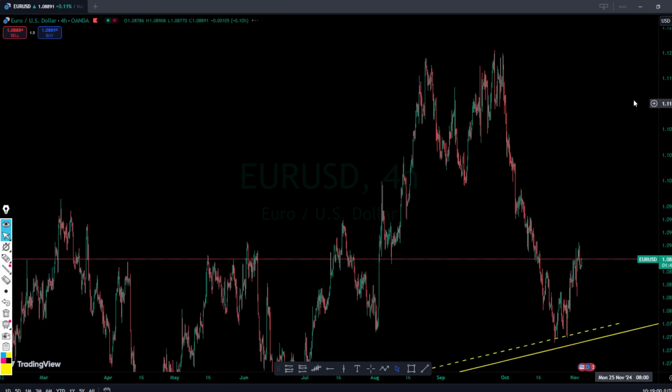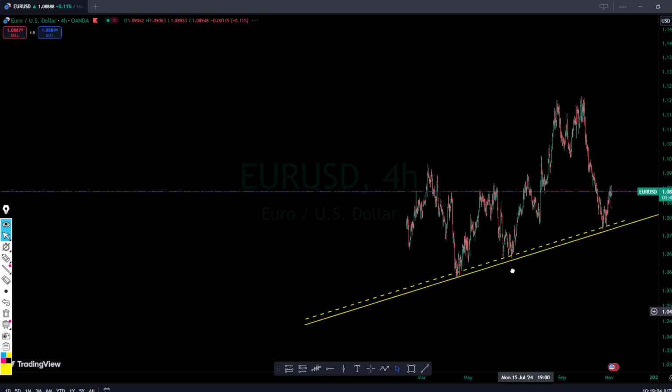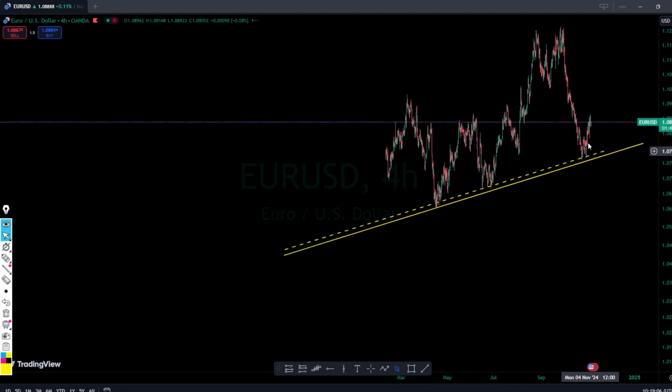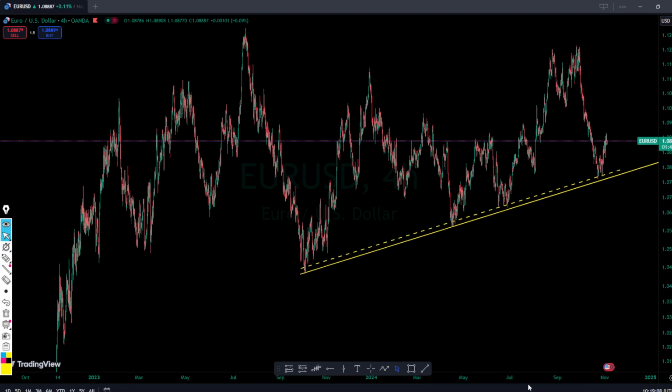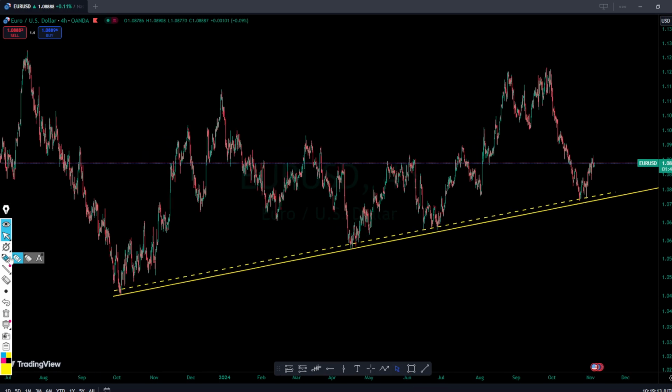So Euro USD, I think they are quite similar. Euro USD was also going down aggressively because the dollar was quite strong. You can see before I zoom here, yes, this makes sense. The market did touch this level of support before we saw this nice push.